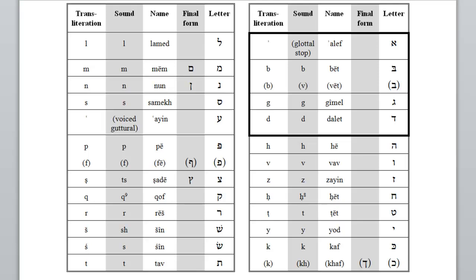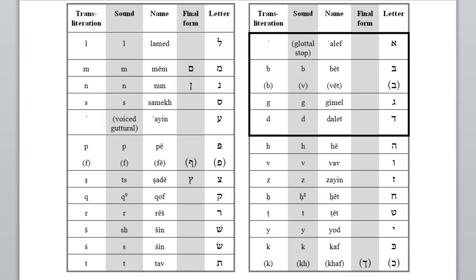Here's the entire Hebrew alphabet, the consonants. We'll be concentrating in this section on the first 4. However, since these are all presented here, let's go ahead and read down the list of the Hebrew consonants. Aleph, Beit, or without the dagesh dot, Veit, Gimel, Dalet, He, Vav, Zayin, Chet, Tet, Yod, Kaf, or without the dagesh dot, Chaf.